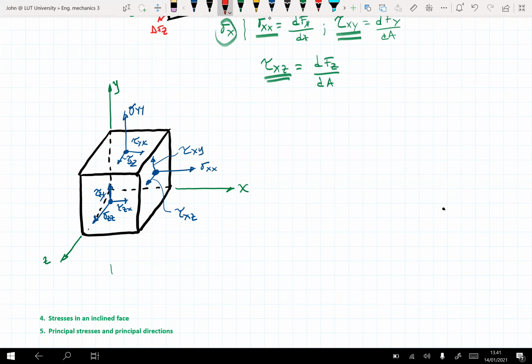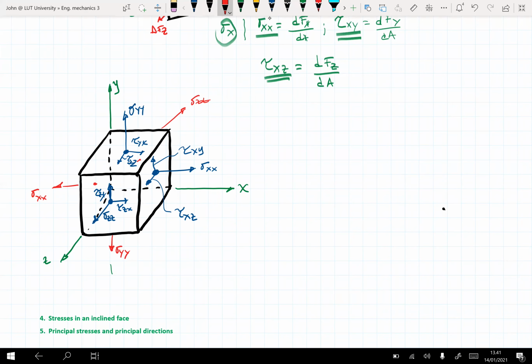If we go to the negative faces, or the hidden faces, you get the idea. We're going to have a normal stress here, and also the corresponding tangential stresses.